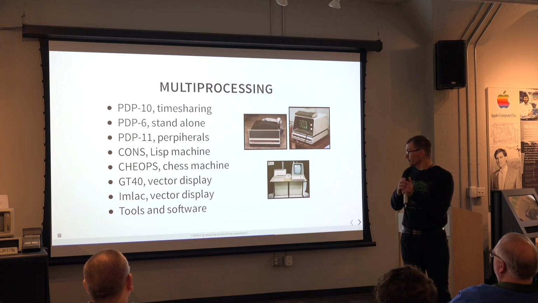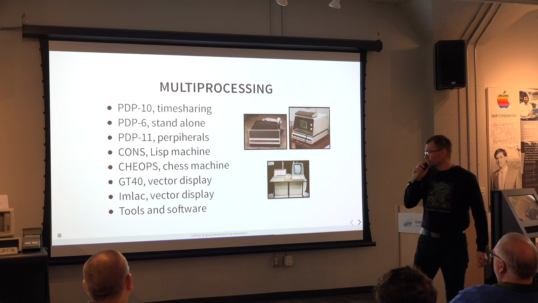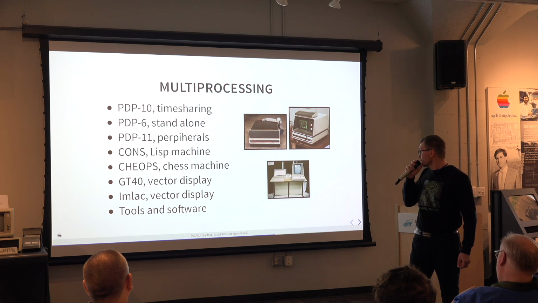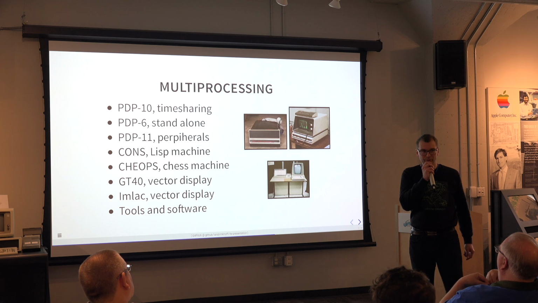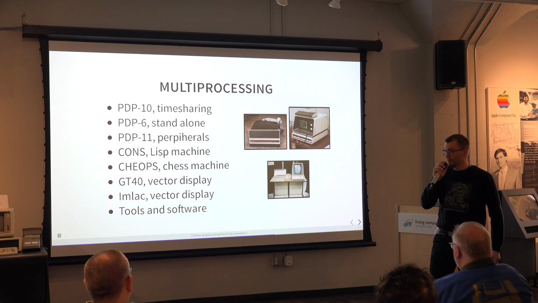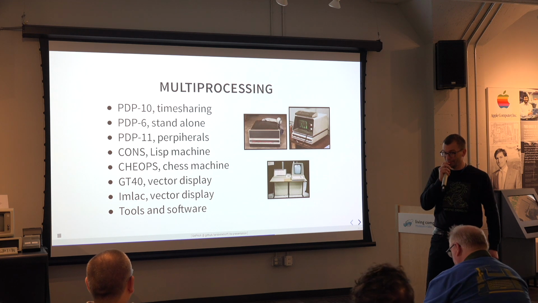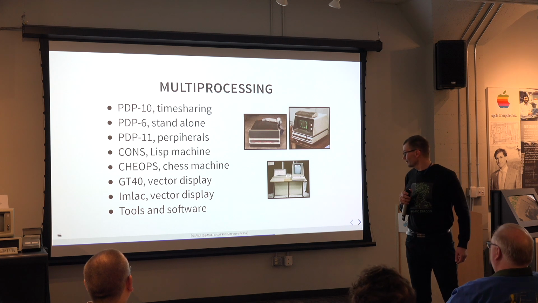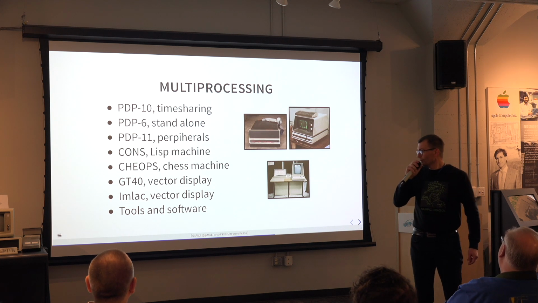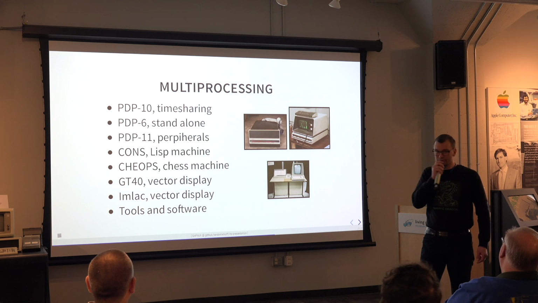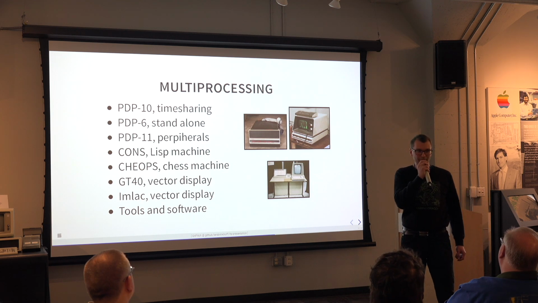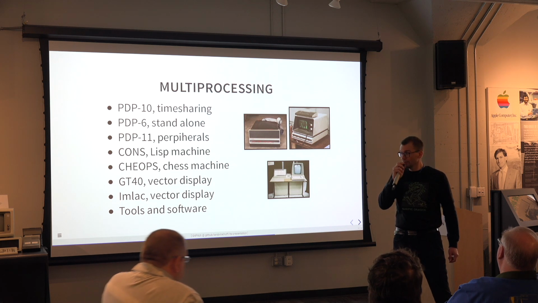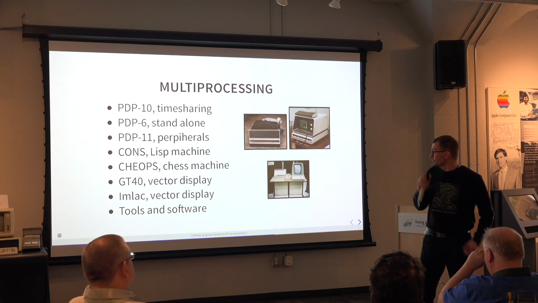And the Dynamic Modeling group had many Imlac computers which were used to run the Maze War game, and other things, of course. And for all of these computers, there were tools and software, so ITS was kind of the development environment for these smaller computers.